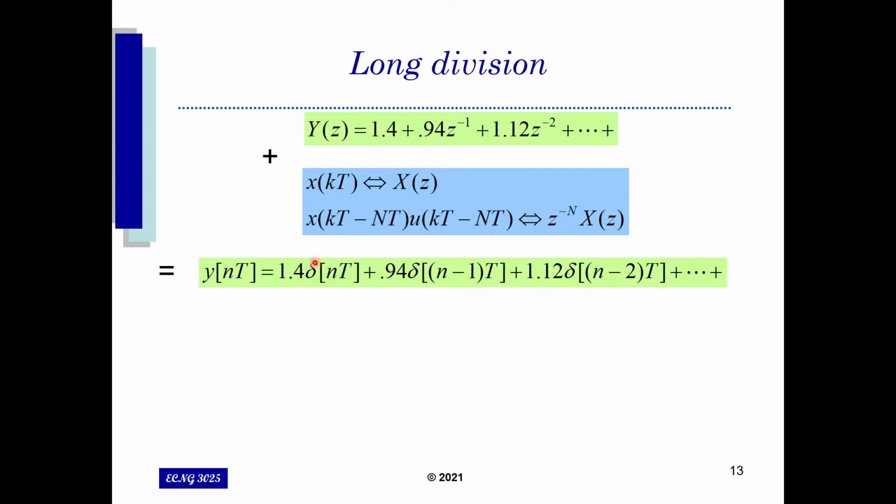So this 1.4 here is just going to be delta(nT). This 0.94, which was z to the negative 1, is just going to be 0.94 delta(n-1)T. And for this z to the negative 2 term, that's going to be delta(n-2)T, where the term in front of the z to the negative 2 is just going to transfer here accordingly.